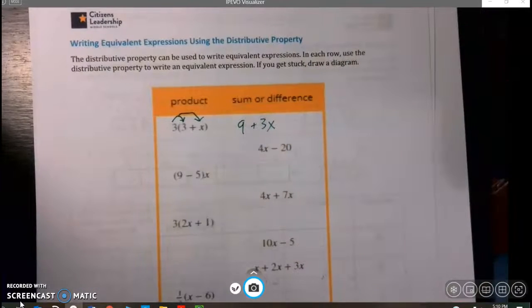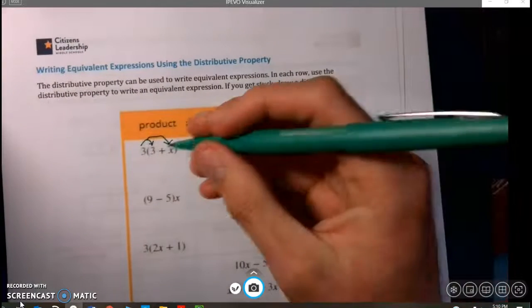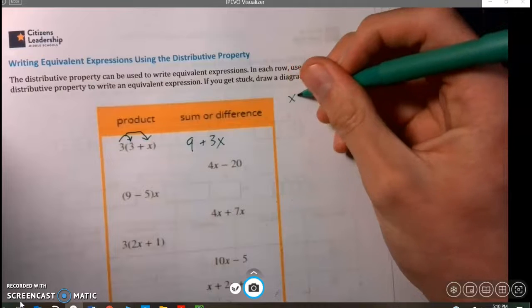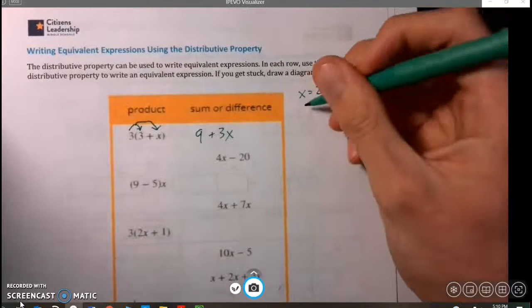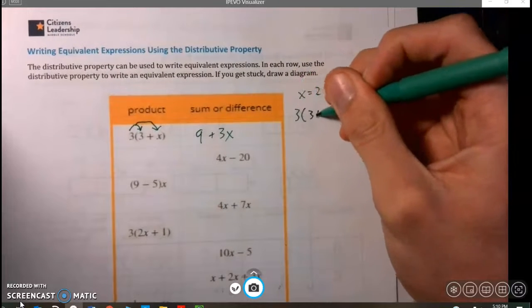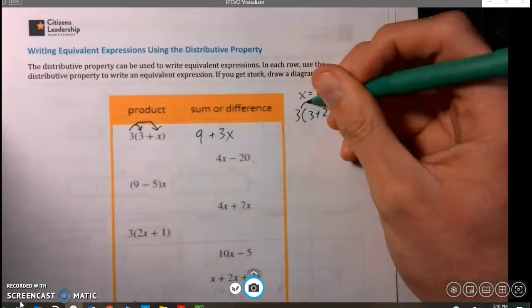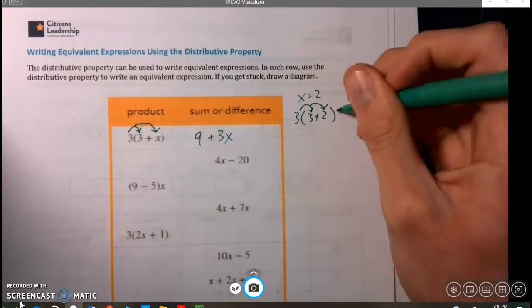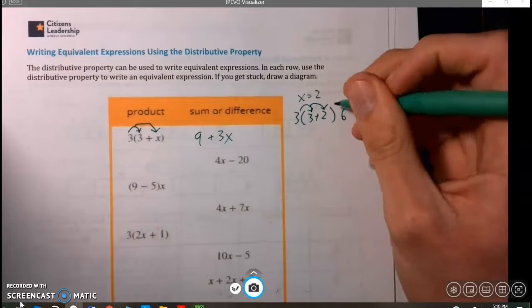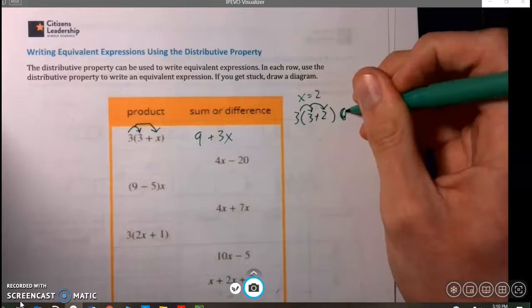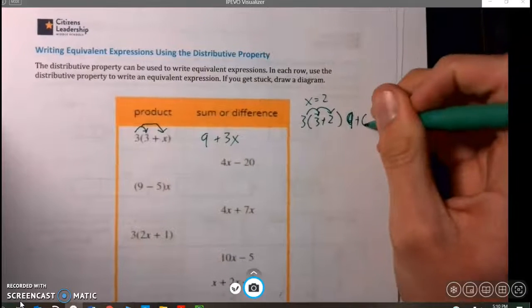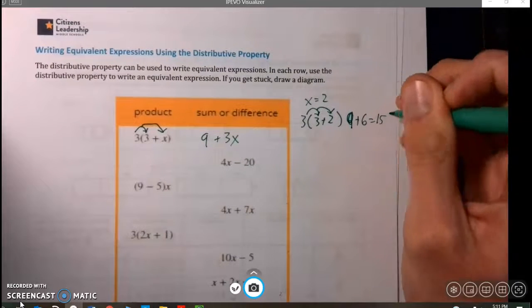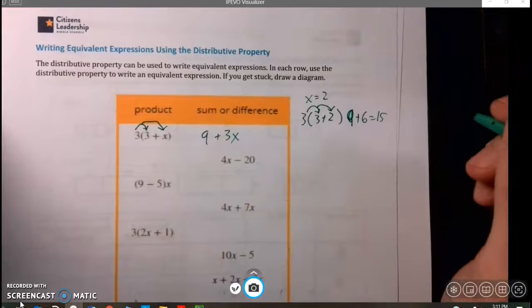So once again, to prove that these are equivalent, let's say x was 2, and we did 3 times 3 plus 2. That's 3 times 3, and then 3 times 2. 3 times 3 is 9, and 3 times 2 is 6, and I would get 15, okay?